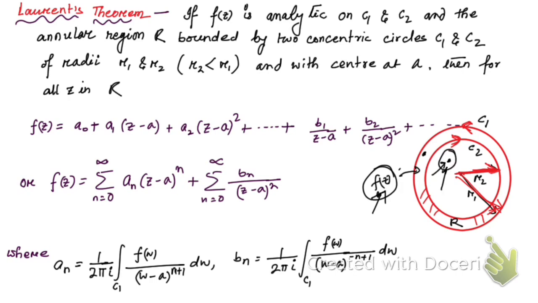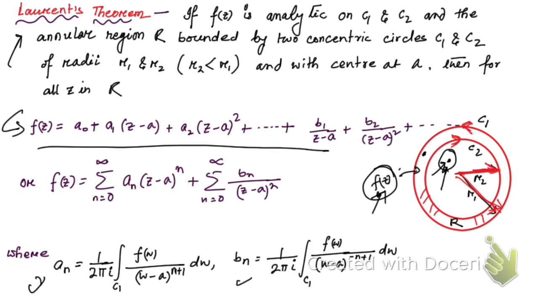If we need to expand it about this point, then we use this theorem, and the series found is something like this, where the values of an and bn are given. Here n is equal to 0, 1, 2, and so on. Hope you have understood this.